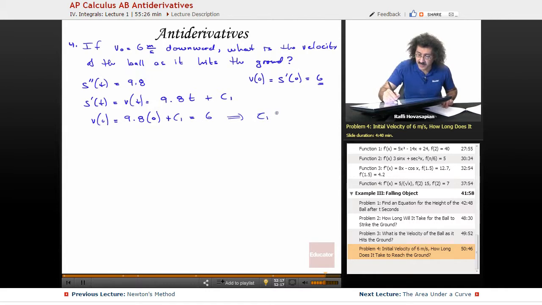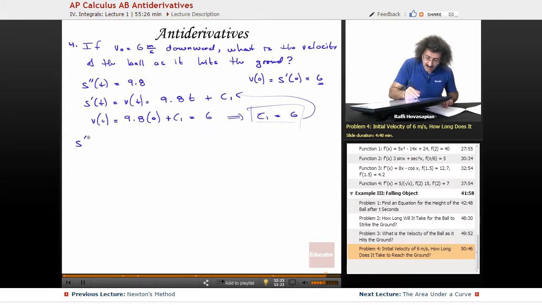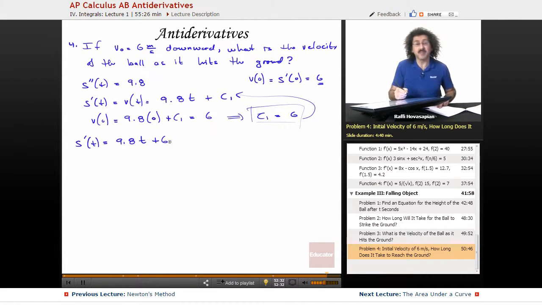So this implies that my c1 is actually equal to 6. That goes in here. Therefore, my s prime of t function is actually equal to 9.8t plus 6.